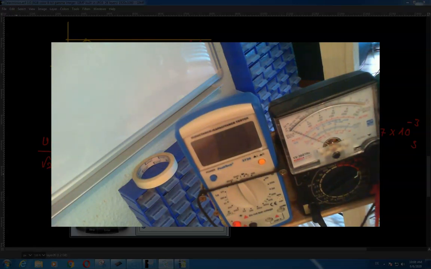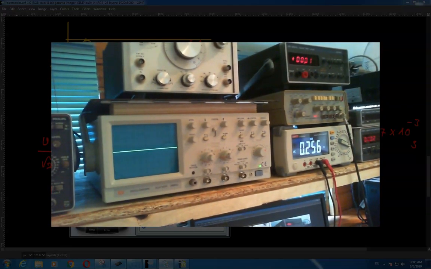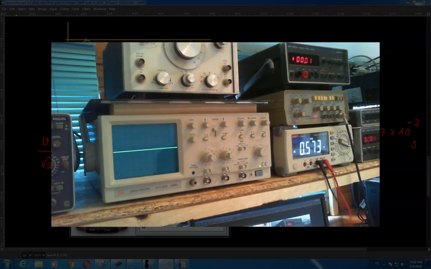Now this meter over here, if I go to volts AC, it has only 200 volts and 600 volts, so I set it to 200 volts. And this meter tells me that the voltage is 3.3 volts, not bad. Now this meter over here is not very good at voltages with high frequencies.